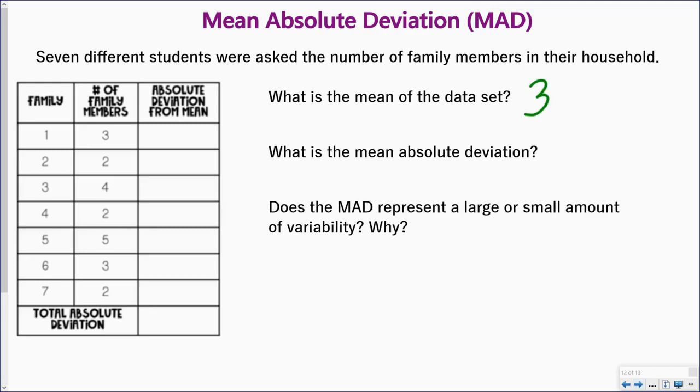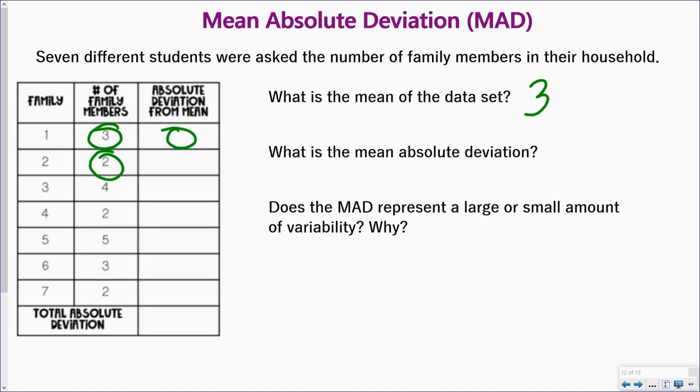So now I'm going to go through and see how far each of my data points is from the mean. If my mean is 3, and I look at this 3, that's a deviation of 0. They're the same number. There's no distance between 3 and 3. The next one is 2.